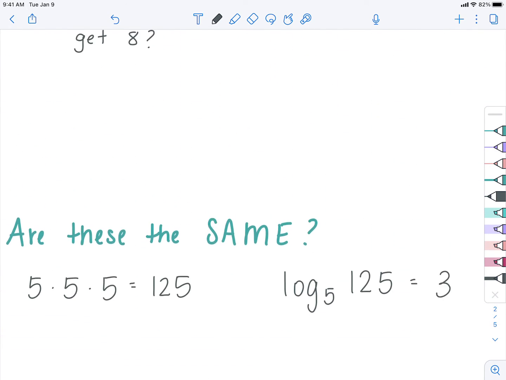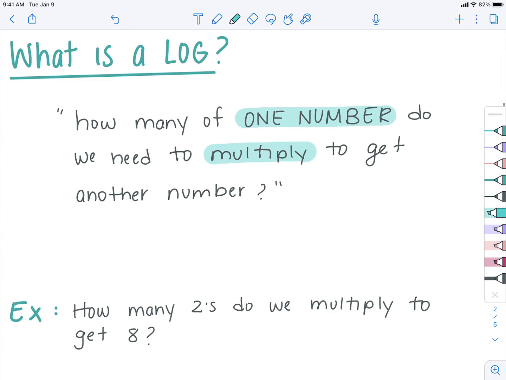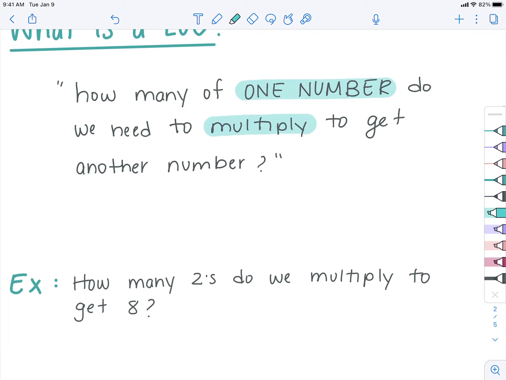So the key here is that it's one number that we're multiplying to get the next number. So it might look like something like, how many 2's do we have to multiply to get 8?